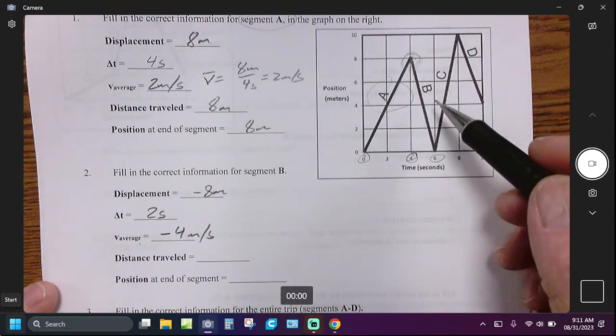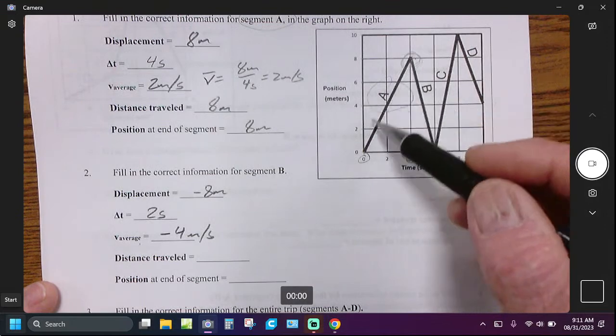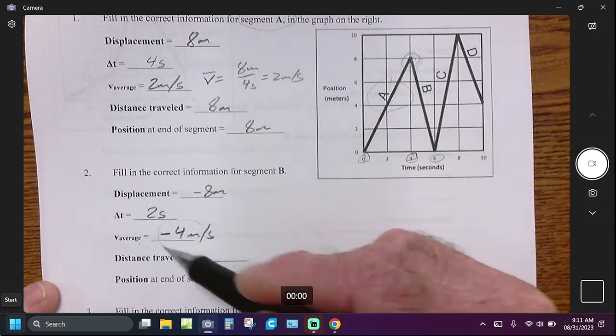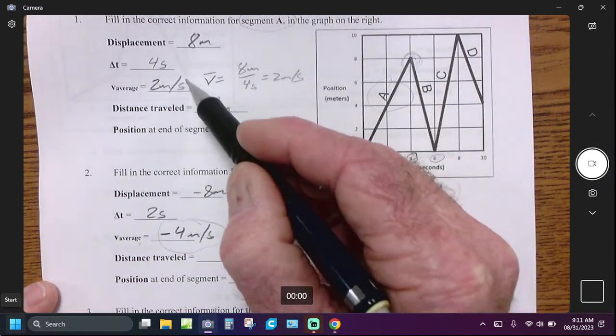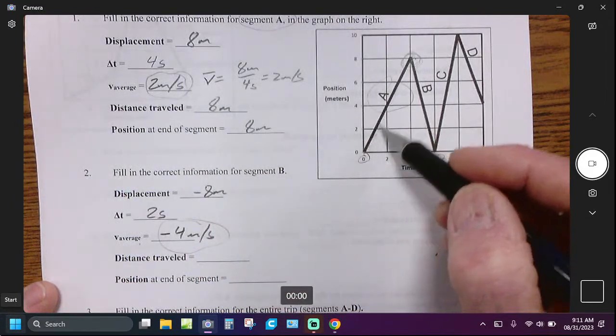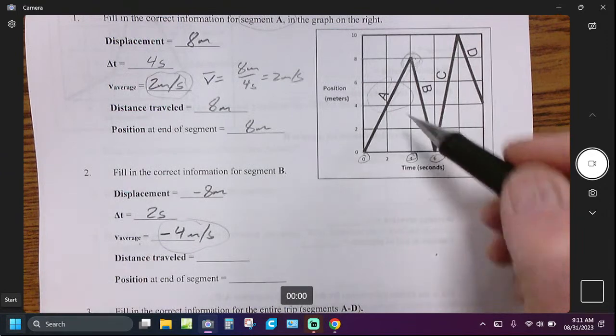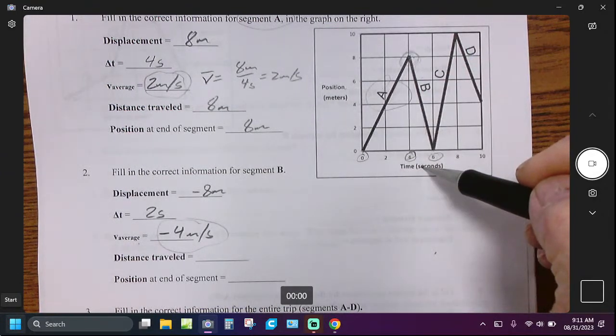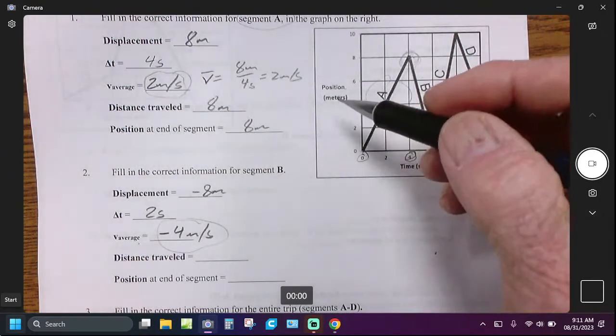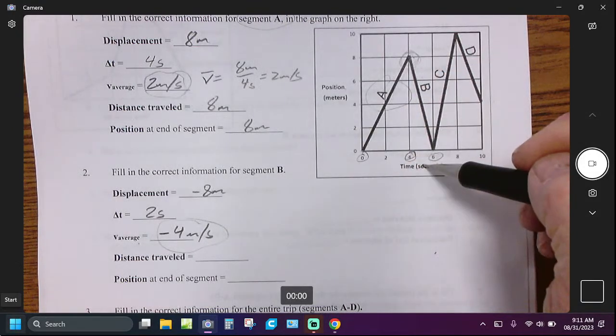So just mathematically, what is this velocity? And this velocity, what are they on the graph? They're the slope. So velocity is the slope of a position versus time graph. And guess what? When we get to a velocity versus time graph, guess what the slope is there?